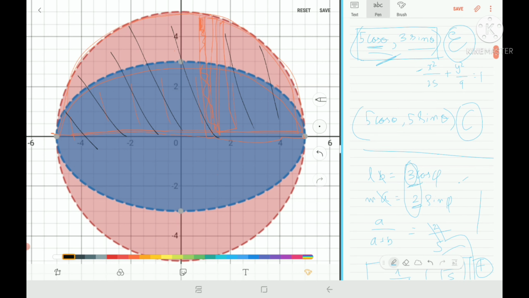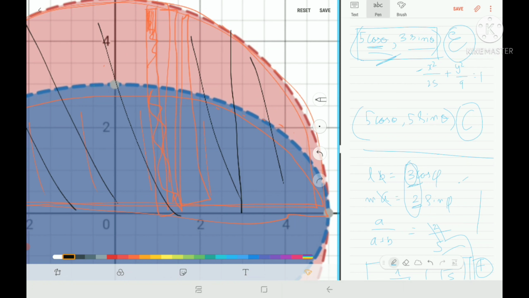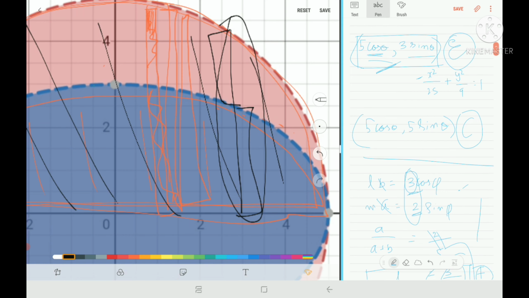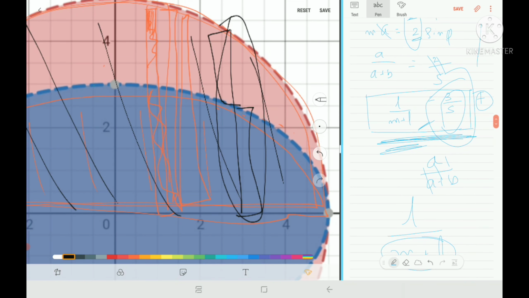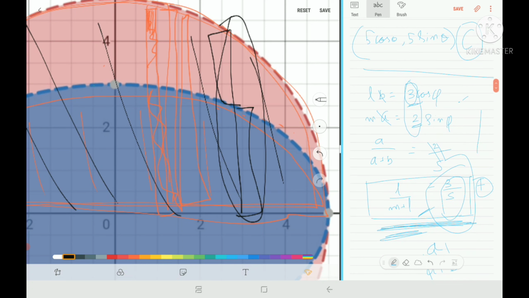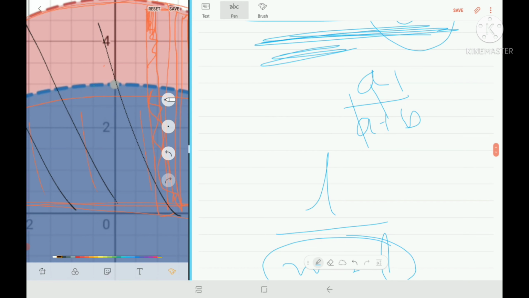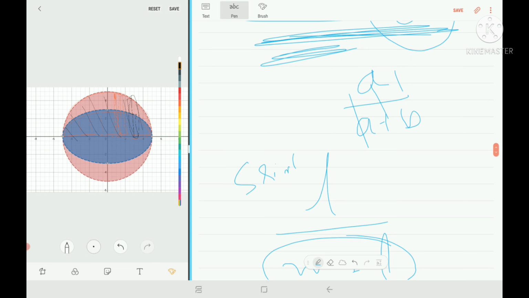If you remember the initial rod that we made, l was this much and m was this much, right? So l plus m is the total length of the rod, which was 5 sine phi.